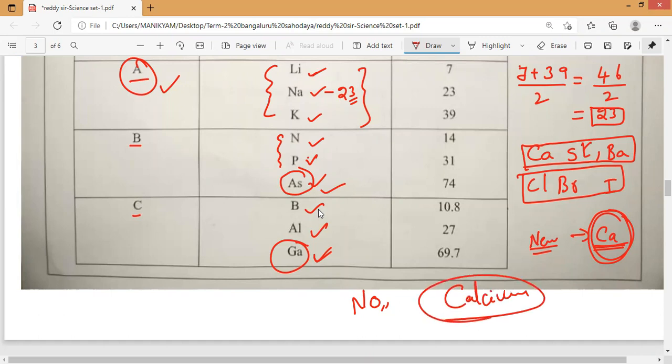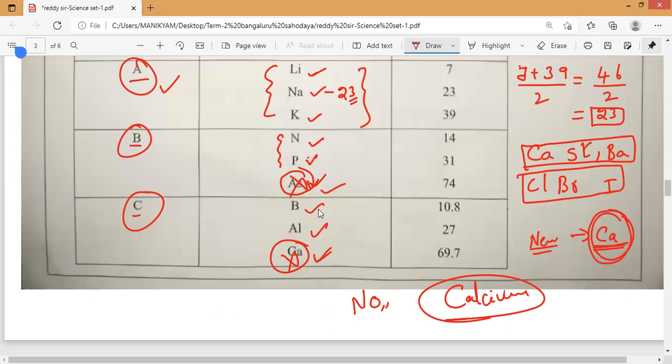Whatever elements come after calcium are not going to follow the same order. So that is the reason you can say no. If you notice, this element and this element come after calcium, so that is why B and C do not follow Newland's law of octave. So we can say no is the answer.